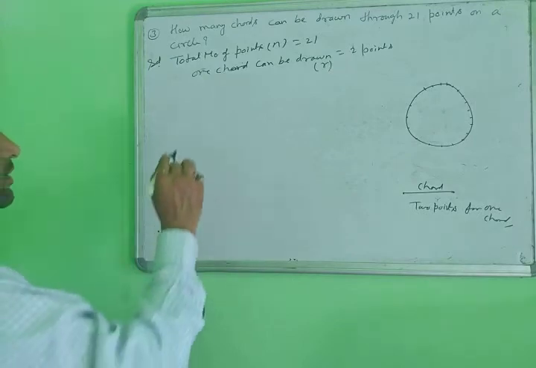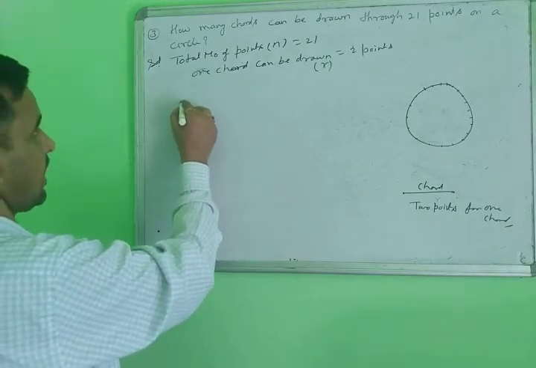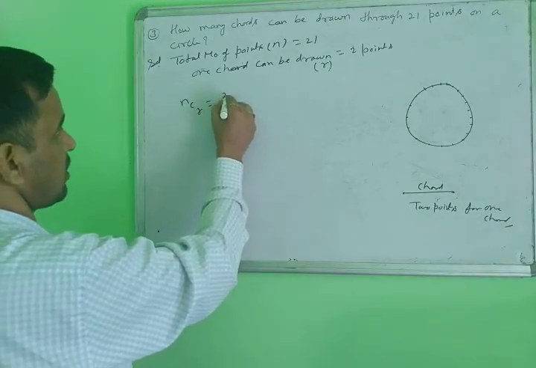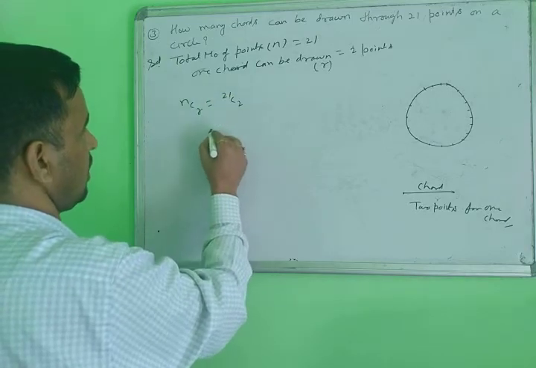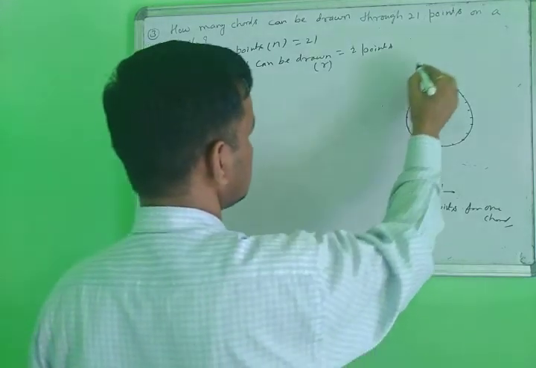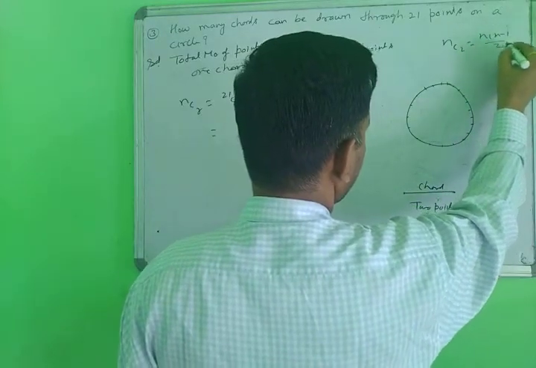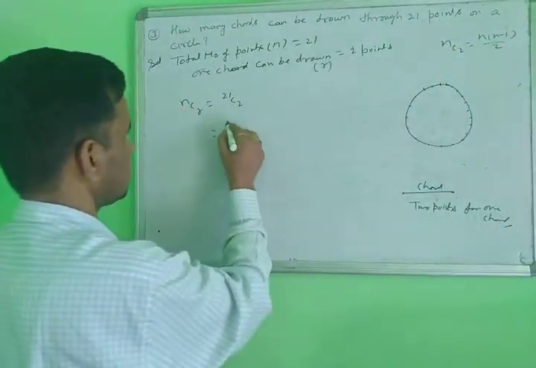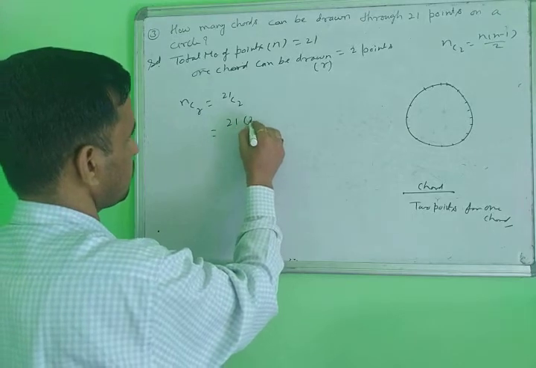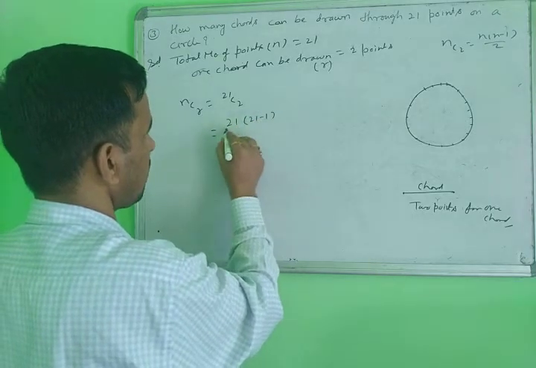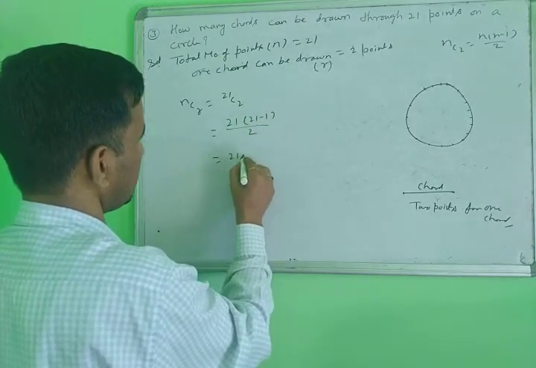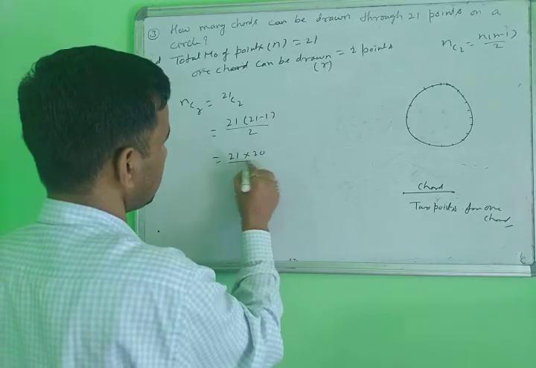Then total means nCr, means 21C2, so nC2 is n(n minus 1) upon 2 using this shortcut trick. 21 into (21 minus 1) upon 2. So this is 21 into 20 by 2.